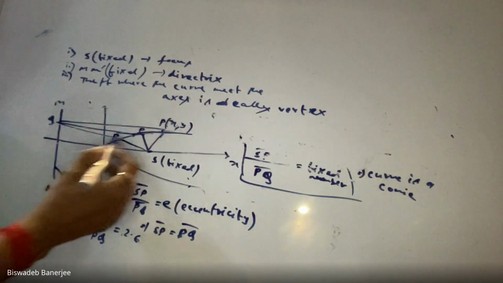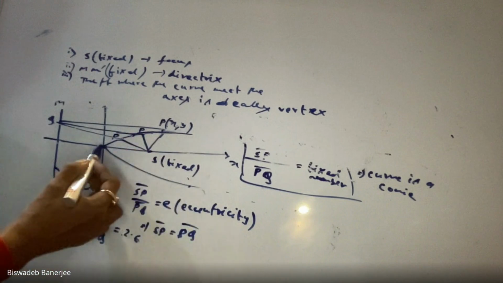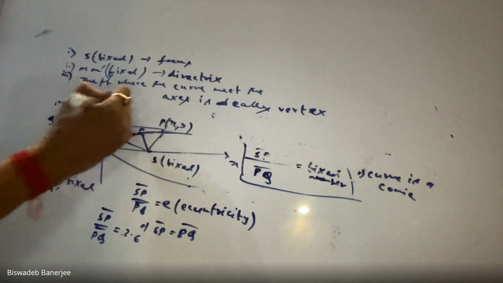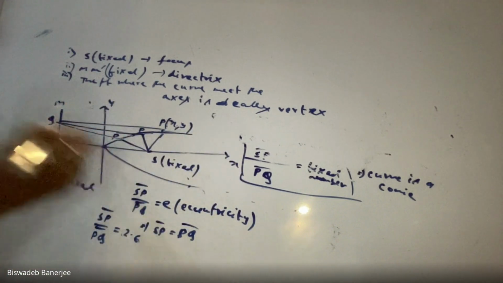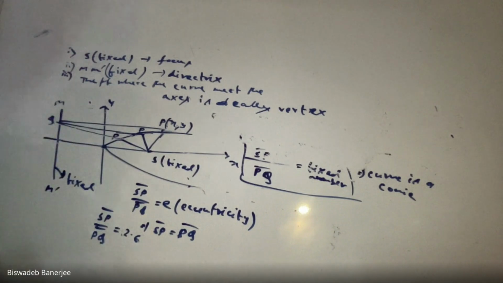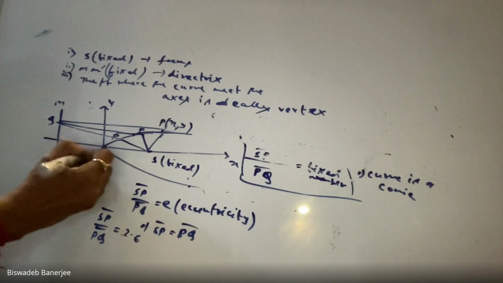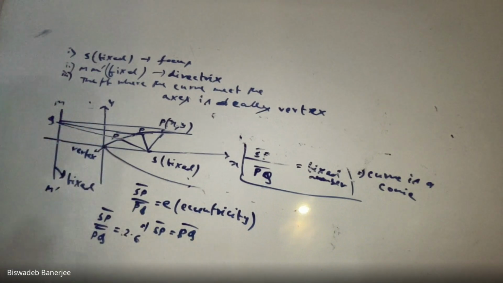You can see that at this point, these curves meet the axis. This is my x-axis and y-axis. You can easily see that at this point, this curve meets the axis. That means this point is said to be the vertex. Some important definitions.